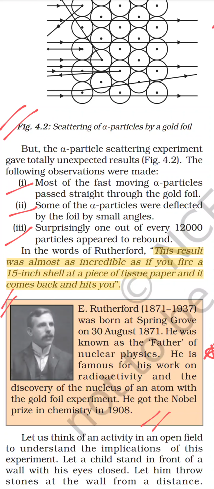He was known as the father of nuclear physics. He is famous for his work on radioactivity and the discovery of the nucleus of an atom with the gold foil experiment. He got the Nobel Prize in Chemistry in 1908.